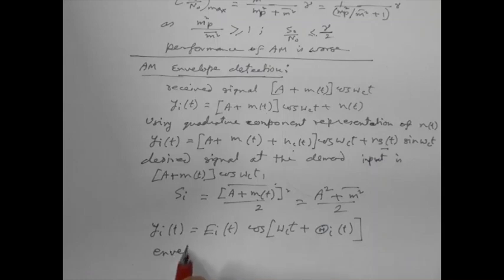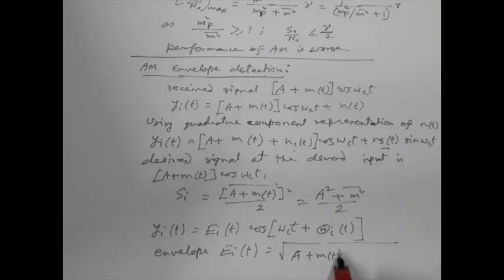And the envelope e_i(t) is equal to square root of ((A plus m(t) plus nc(t)) whole square plus ns(t) whole square).